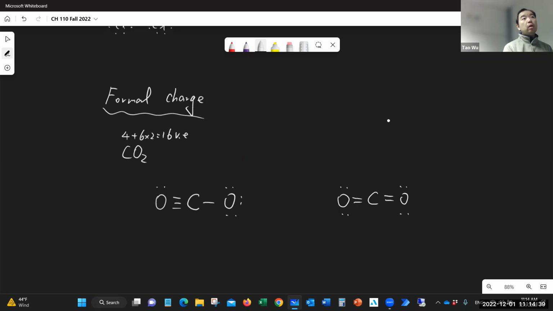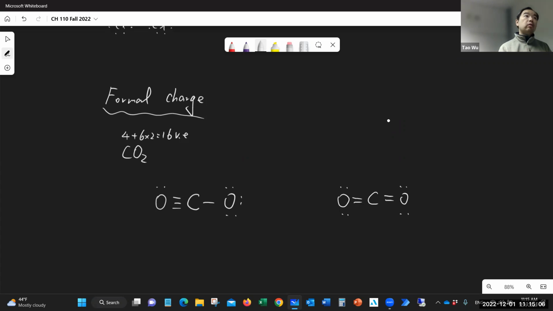Each oxygen has 8 electrons, and the carbon also has 8. But which one is the correct formula?